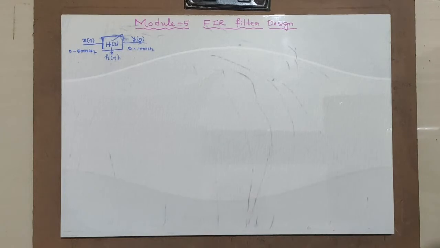Before I explain FIR, let us compare FIR and IIR, because infinite impulse response filters like Butterworth or Chebyshev filters you have already designed. Today onwards we will be dealing with FIR. Let us have a comparison between FIR and IIR systems.